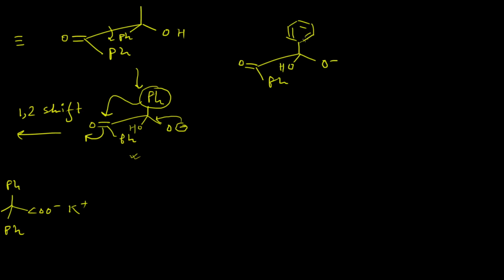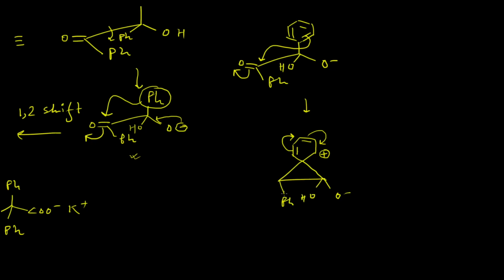Initially this pi electron cloud of this phenyl ring will attack this carbonyl center, and then a phenonium ion will form as the intermediate. Here will be a positive charge, and you can see that this particular phenonium ion is very stable due to the stabilization of this positive charge via delocalization or conjugation.